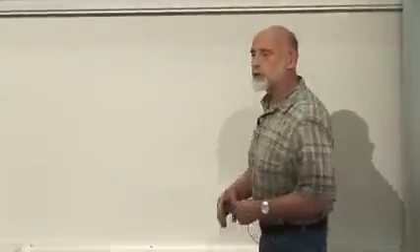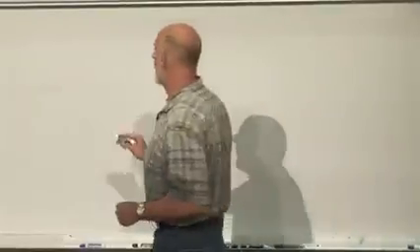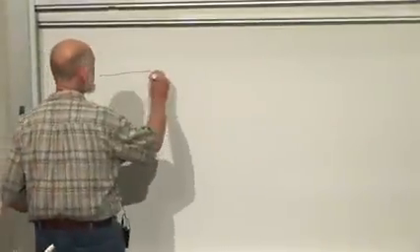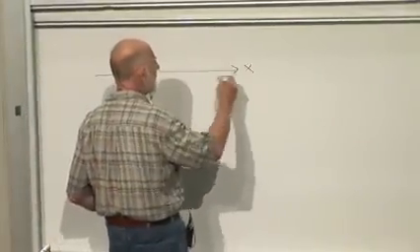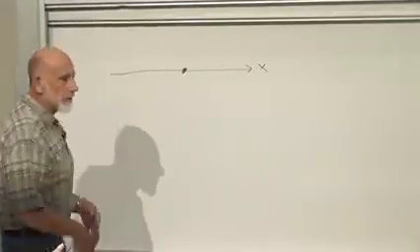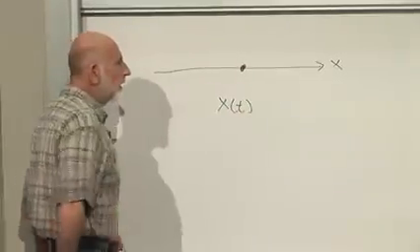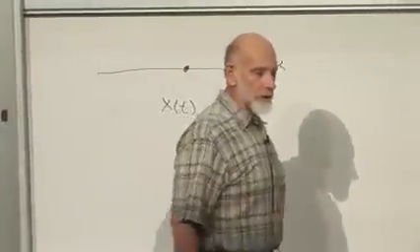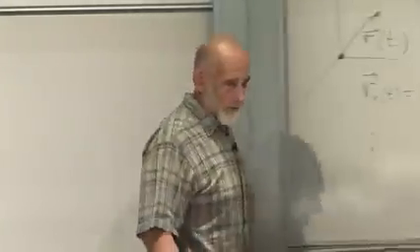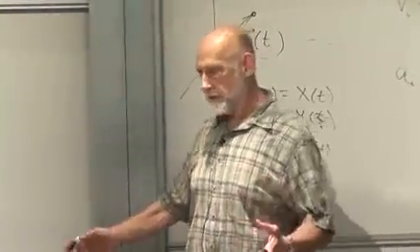First example, motion along a line. A particle has a position x. This is the x-axis. A particle is labeled as having a position x of t. Along one axis, it's hardly worth thinking of it as a vector. We just think of it as x of t.